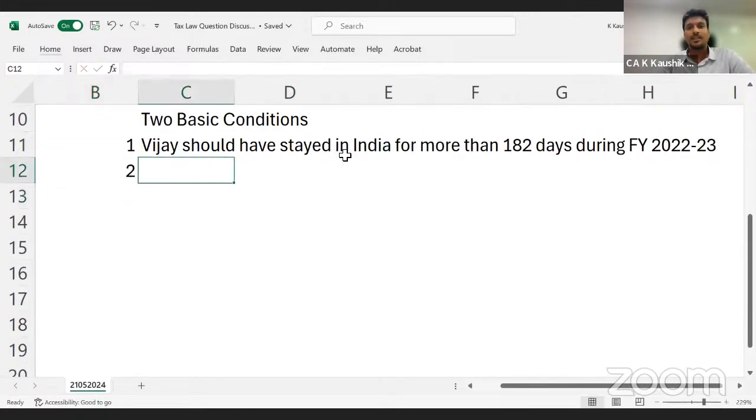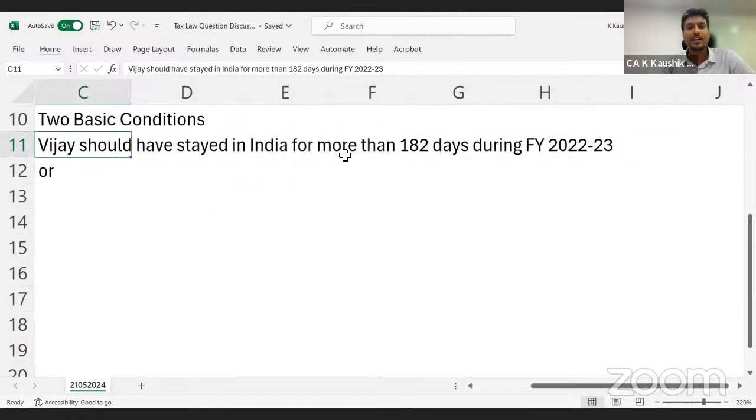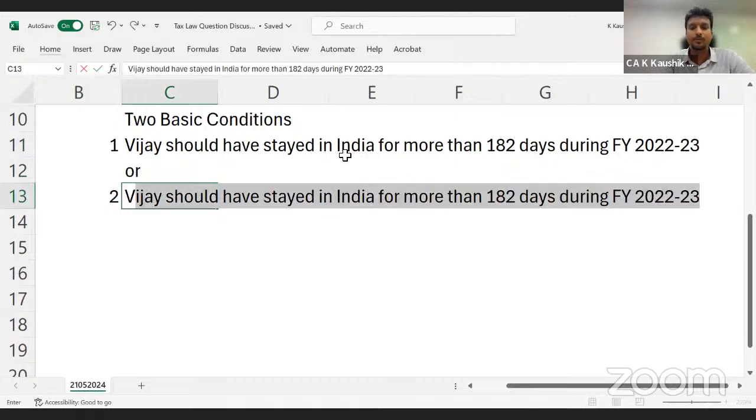The second condition is an alternative condition, an or condition. If the first condition is not satisfied, then we can check the second.